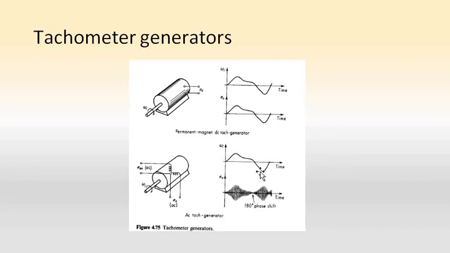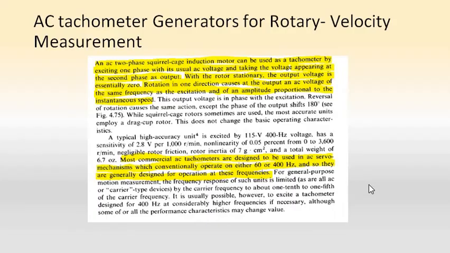So that is it. And this is the AC tacho generator circuit diagram. The AC generator gives a proportional output voltage, and it is also recorded like that. Here in the AC tachometer generator we are using an AC two-phase induction motor, a squirrel cage induction motor, and in this case two phases are there and one phase is excited with the usual AC voltage, and from the second phase we are taking out the output.